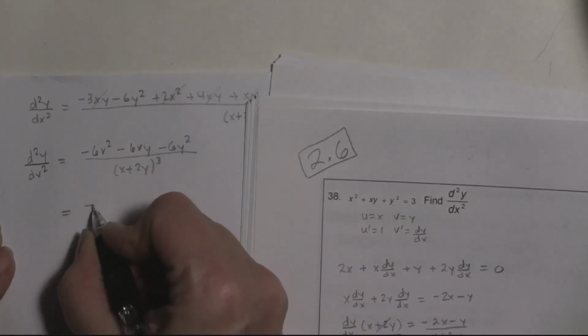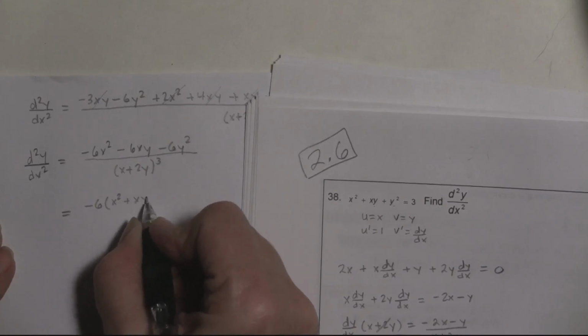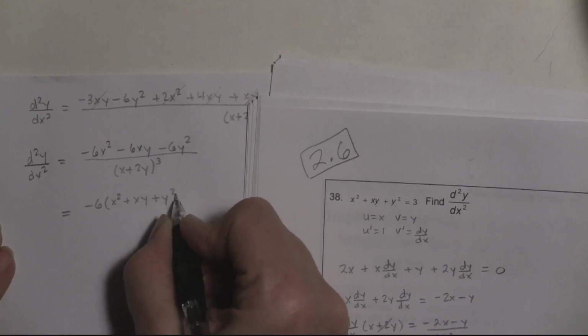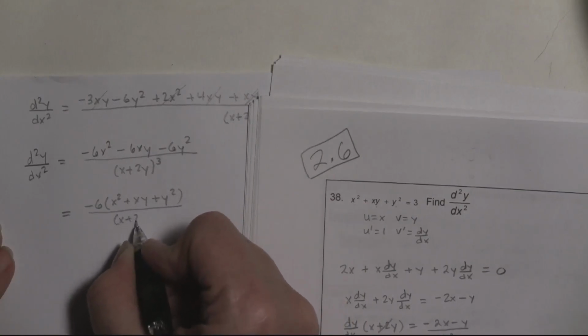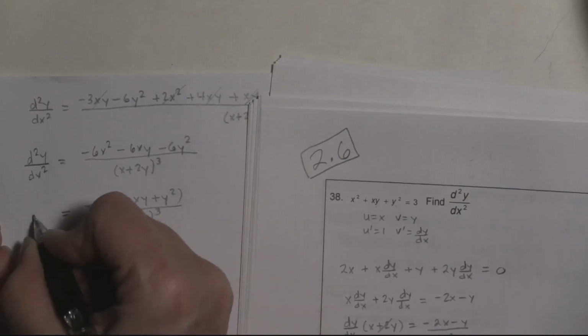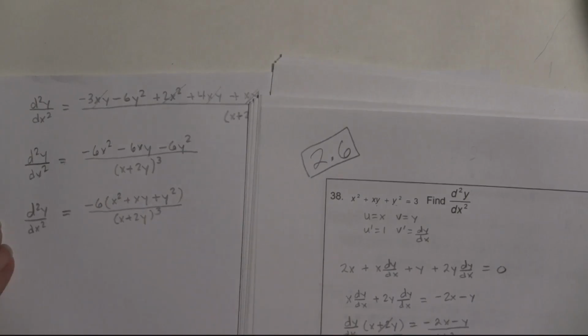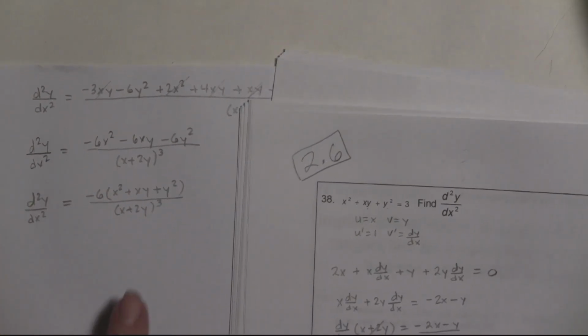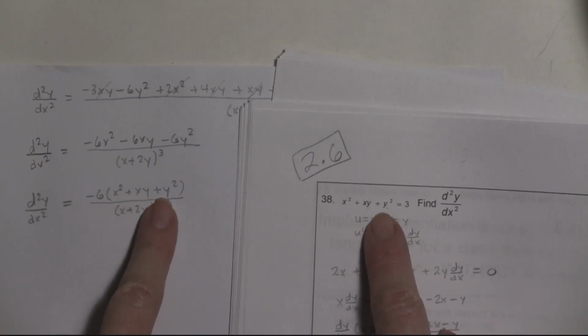So this is minus 6 times x squared plus xy plus y squared, all divided by that same darn thing in the denominator to the third. And I hope you're noticing that now I have that, and that is equal to 3.